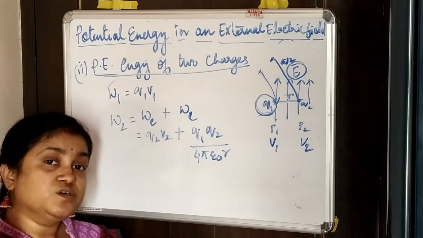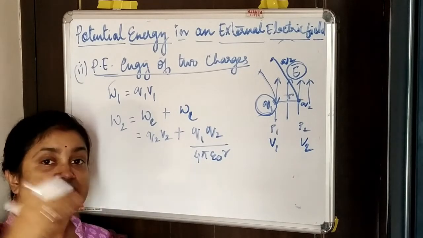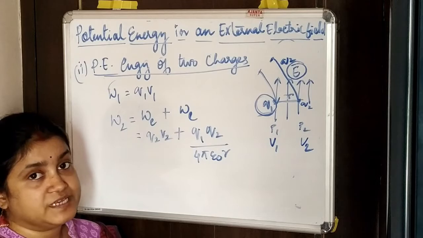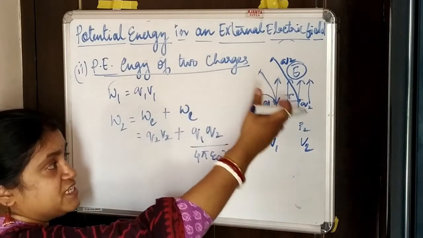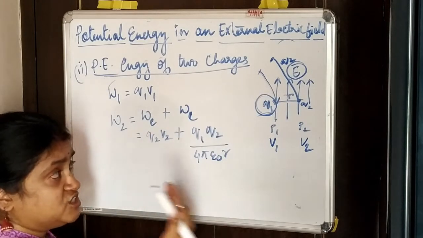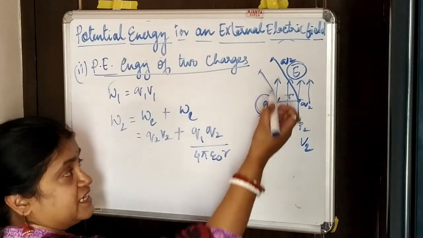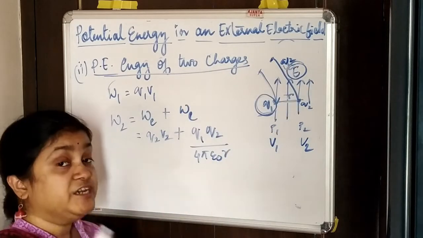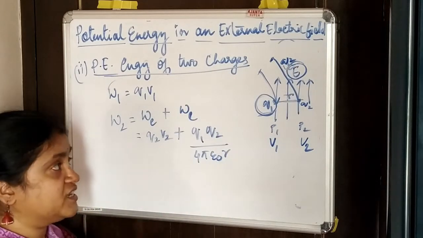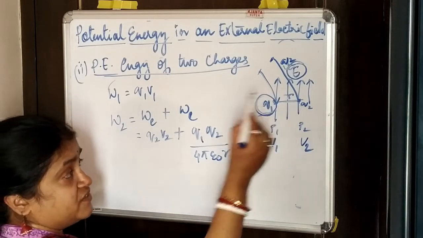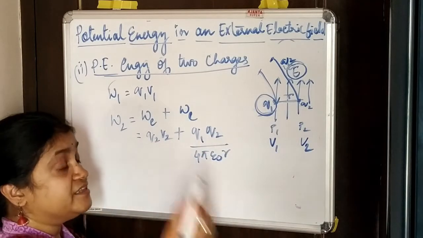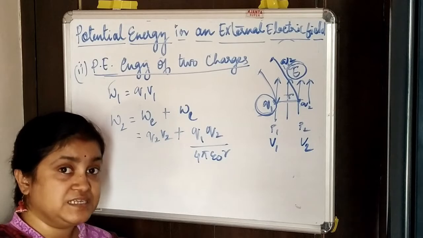So as you keep on bringing multiple charges to this external electric field, the charges not only work against the external field, they also have to work against the other electric field that is created by the already pre-existing charges.